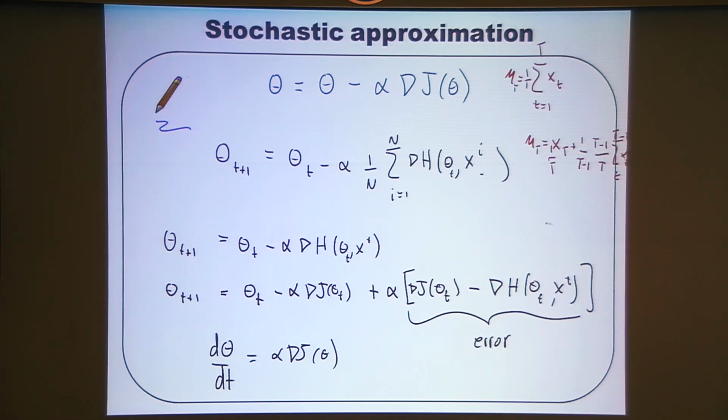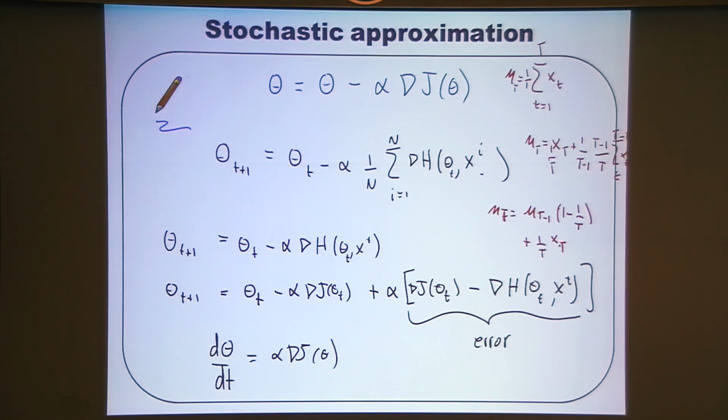And so you basically can write this as mu t is just equal to mu t minus 1 times (1 minus 1 over t), plus 1 over t times x t.